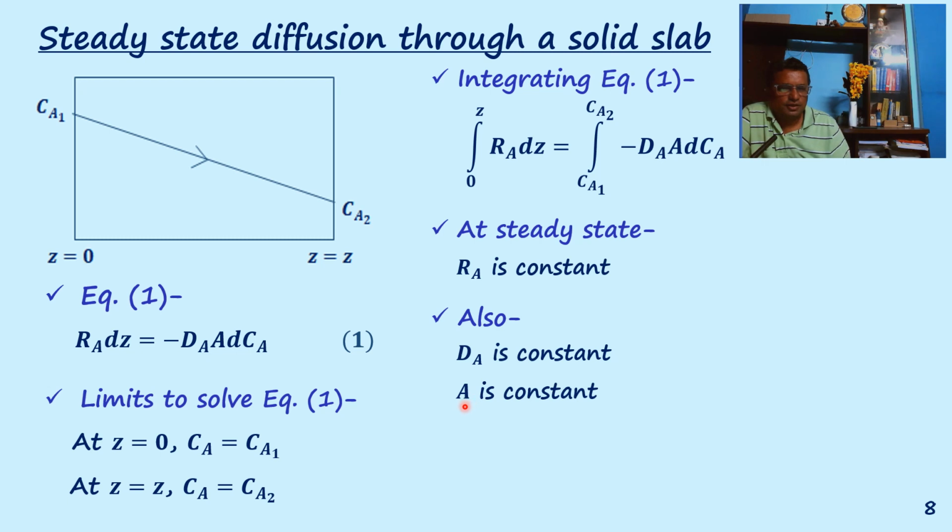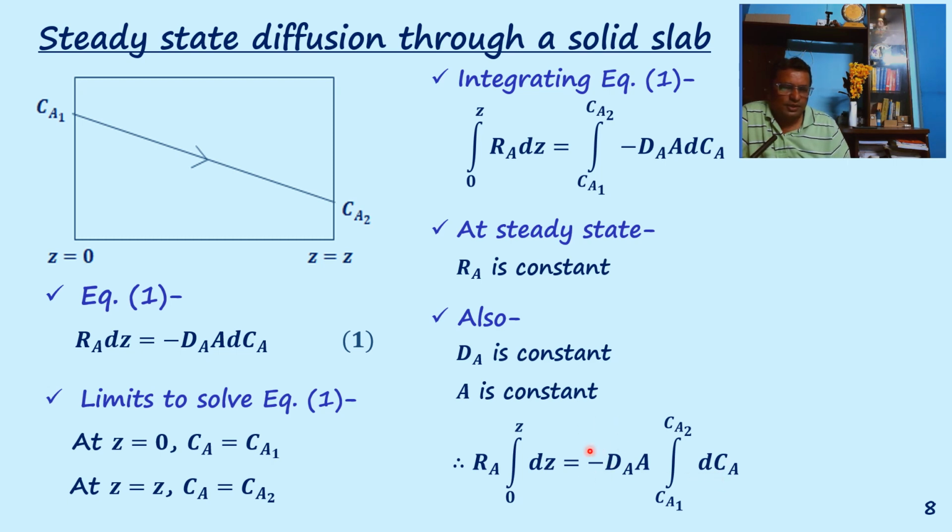So all these three parameters, rate, diffusion coefficient, and A, will come out of the integral, and accordingly you have Ra into integration from 0 to z of dz, that is equal to minus dA into A, integration from Ca1 to Ca2 of dCA.